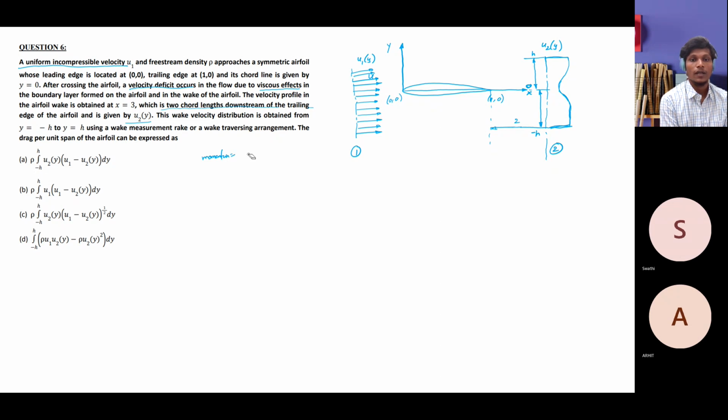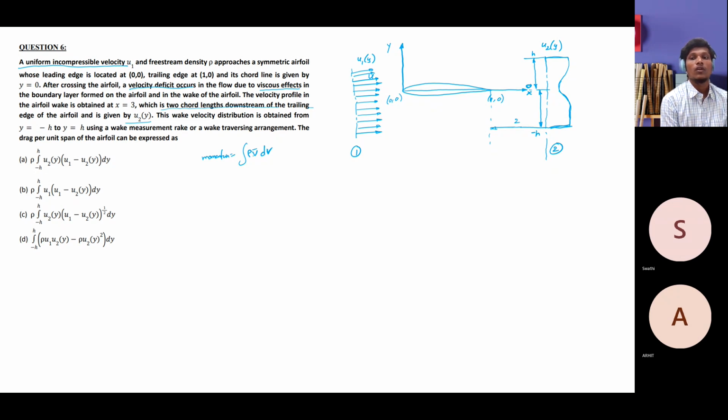Or if I write it clearly in integral sense, it is the integration of rho v dV, where rho is the density, v bar is the velocity, and dV is the small volume.